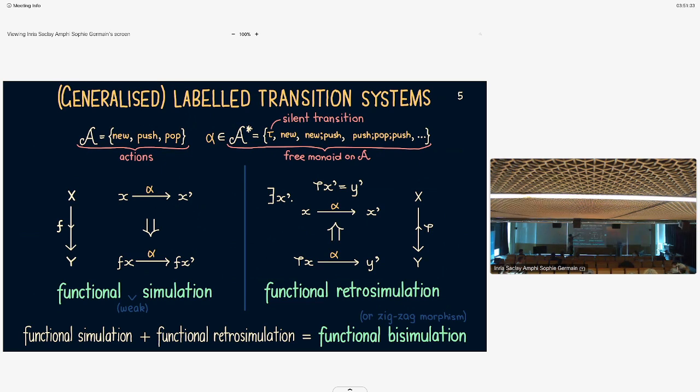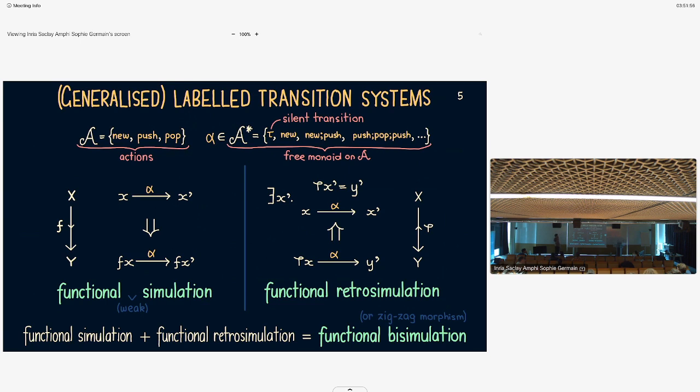So if alpha is one of these strings of actions, then x is related via alpha to x prime. What you interpret that as saying is: if I start in state x, and this sequence of actions is performed, then I could end up in x prime.